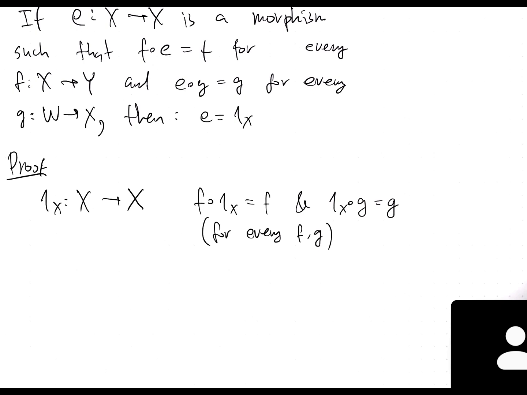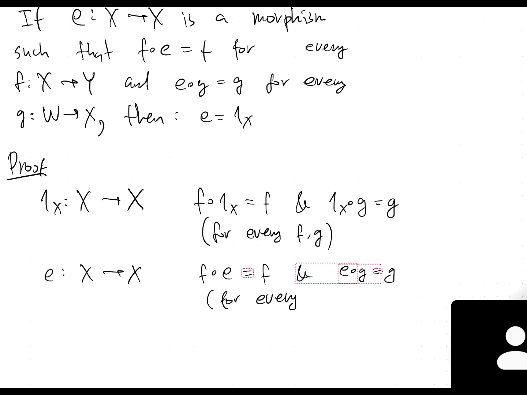Now, another thing that we've got is that we have this e map, which has similar properties. So again, for every f, f composed with e equals f, and e composed with g equals g. So this is true for every f and g.